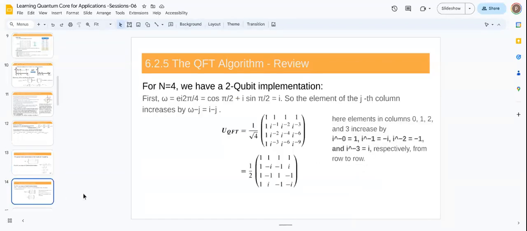And if you apply this, which is 0 1 2 3, if you have i raised to k minus 0, that is 1. i raised to minus 1, that will be i square, which is minus 1. i raised to minus 2, which is 3 times, it will become minus 1, because i square is 1, and similarly i raised to minus 3 will become i.